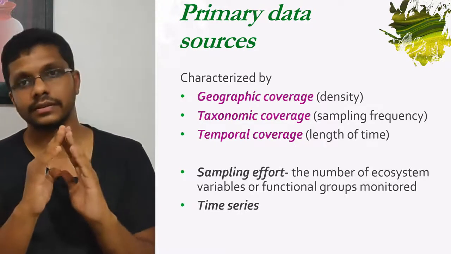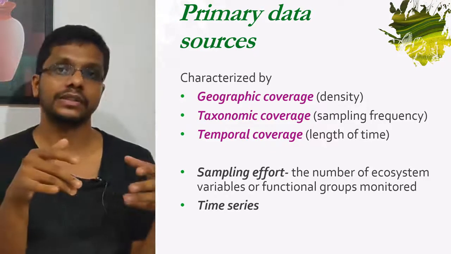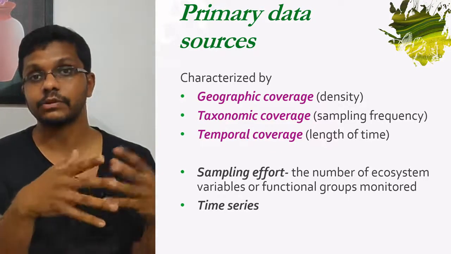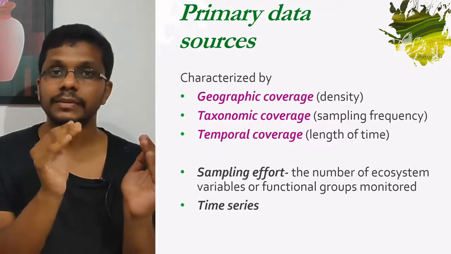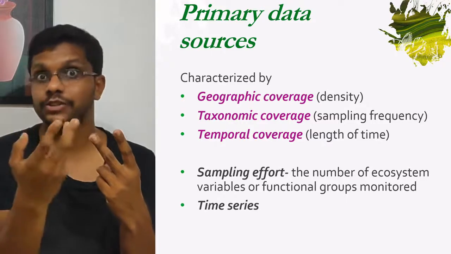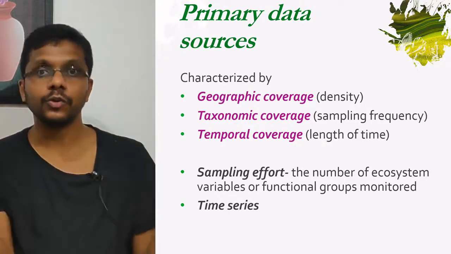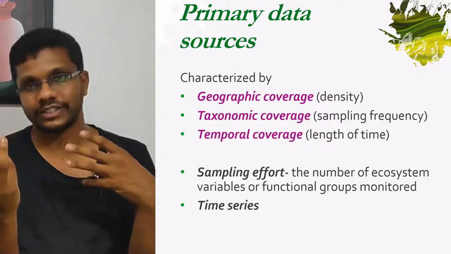But if you are doing a study which covers all the possible locations for tiger inhabitation, it will be a better study. So geographical coverage actually means two different things: how much area it is covering, and how many samples you are taking. If you are covering a huge area but you are taking only a few samples, you may end up with false data.